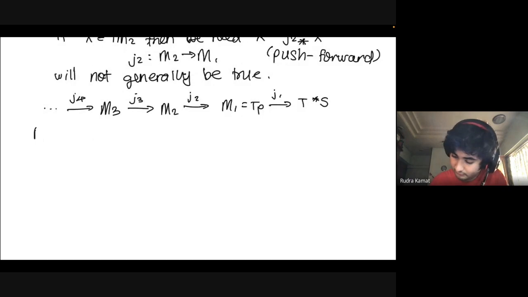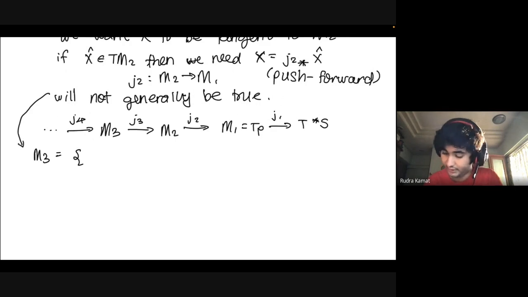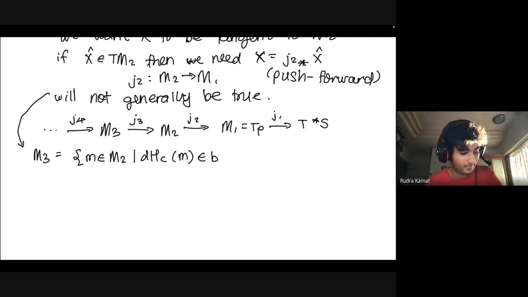So M3, since in general this will not be true, we can then define an M3 of points M of M2 such that DH of C of M belongs to the dual of the push forward of the tangent space of M2.